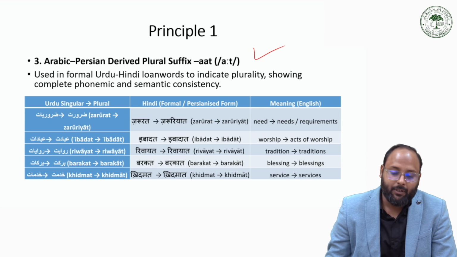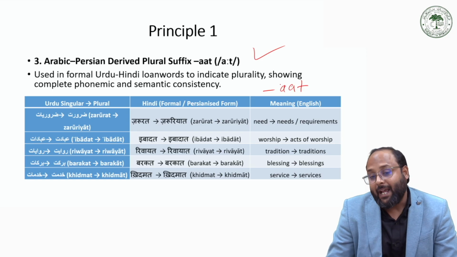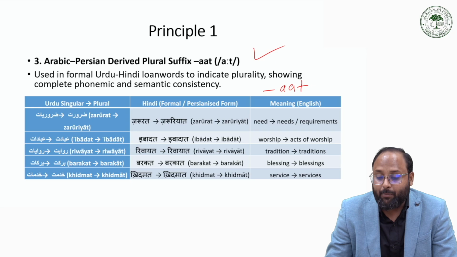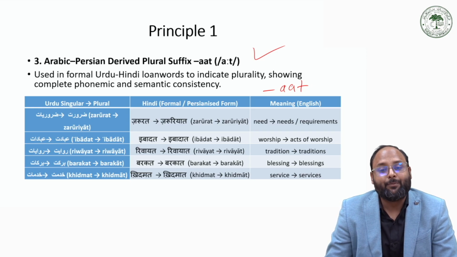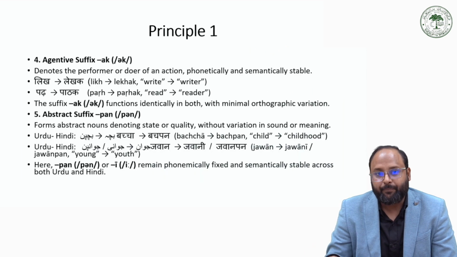For making the plural, we can use this at in Urdu and Hindi, and it has the same form in all its occurrences and gives the same meaning, like zarurat becomes zaruriyat, ibadat become ibadat, riwayat become riwayat, barkat become barkat, and khidmat become khidmat. In all these occurrences, the at gives the same meaning and has the same form. So this is called principle one, and we can apply principle one here for this example also.